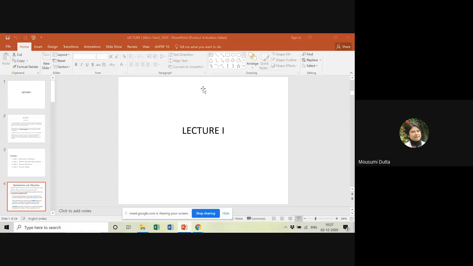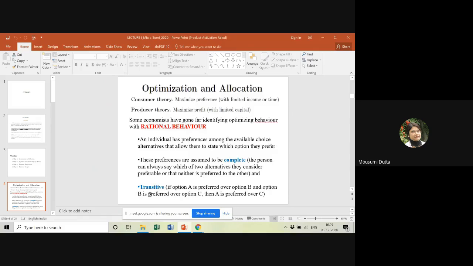The second thing is, the preference is transitive. If option A is preferred over option B and option B is preferred over option C, then A is preferred to C. Okay. For example, you can take note of different combinations of apples and oranges. So in the basket, suppose you have 10 oranges and 10 apples.